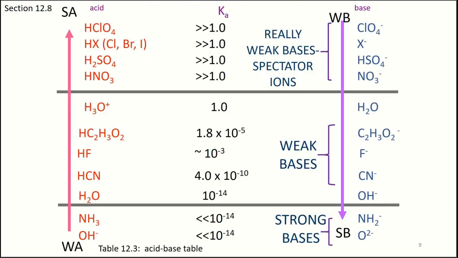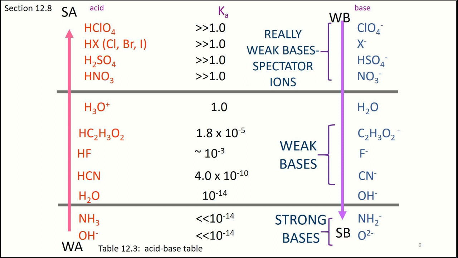Now, looking at the acid-base table, we had shown the trends that we can see. At the very top left, we see our 6 strong acids, and on the right side, across from those strong acids, we see their conjugate bases. So those conjugate bases are so weak that they will actually be present as spectator ions, and they will not participate as bases in these reactions.